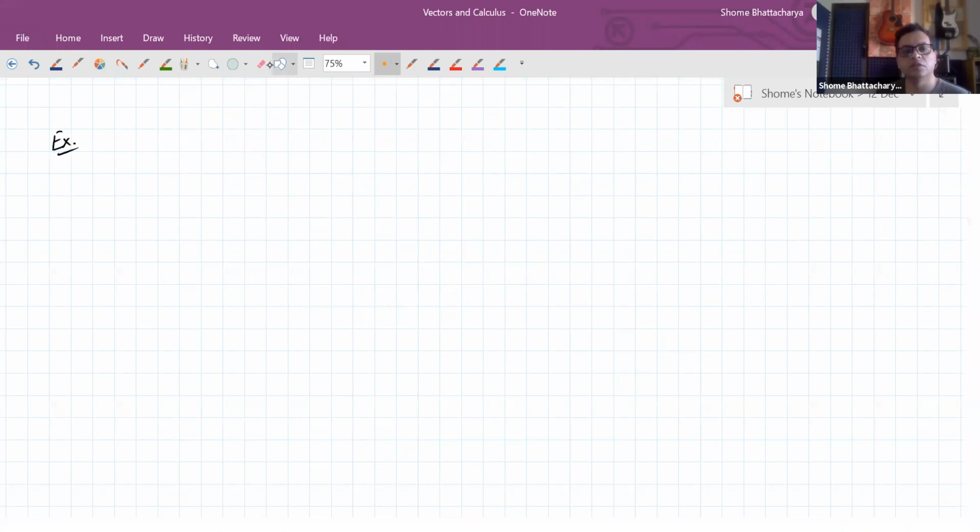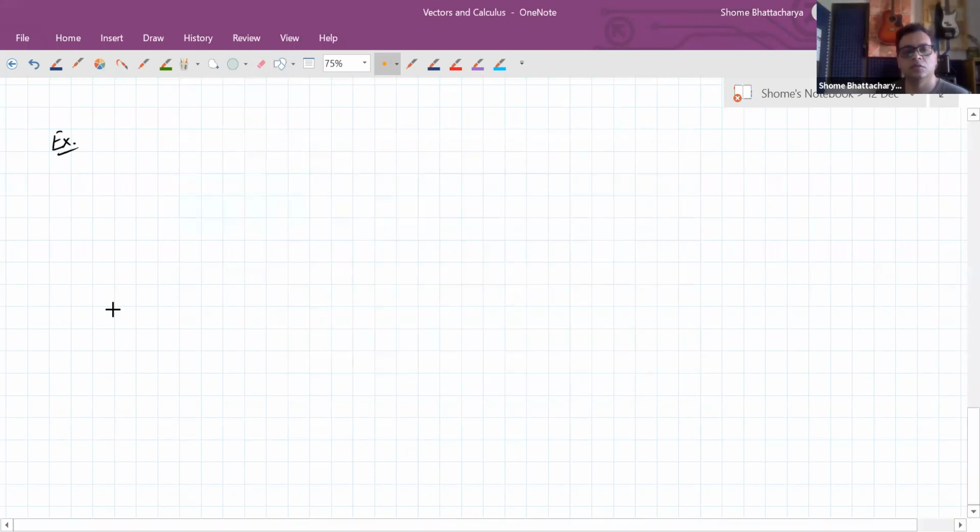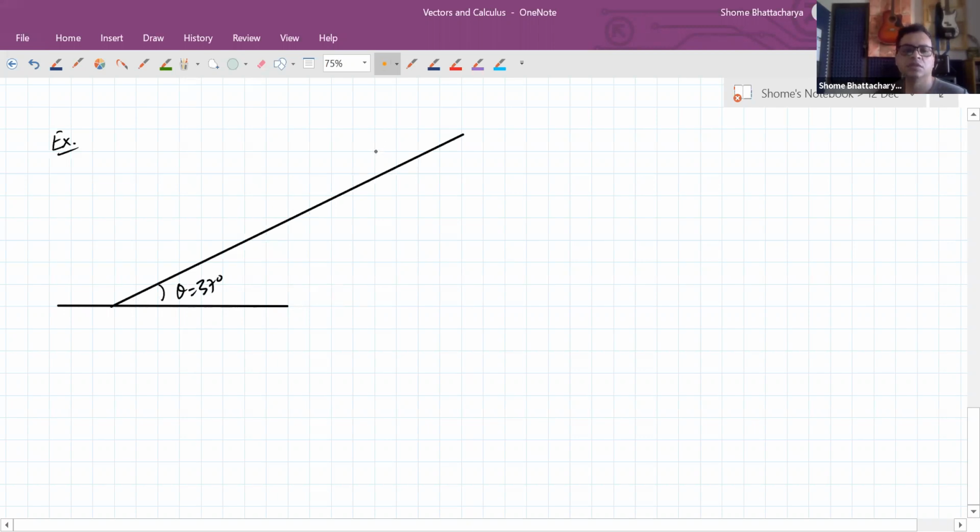So let's look at an example like this now. So we have an inclined plane, which let's say is inclined to the horizontal at 37 degrees. Okay.